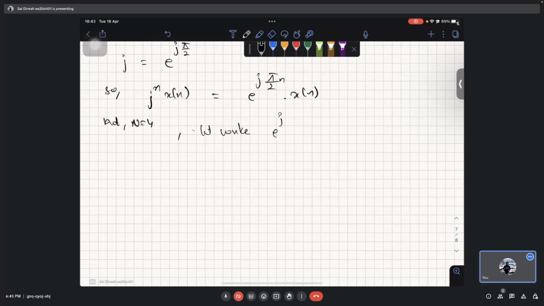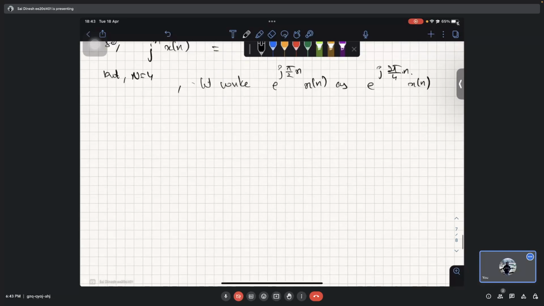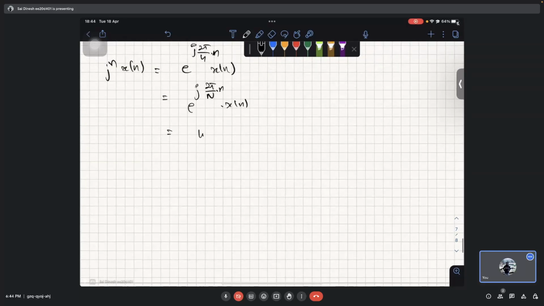Let's write e power j pi by 2 n as e power j 2 pi by 4 into n, so e power j 2 pi by capital N into n, times x of n, which is W_N to the power minus n times x of n.